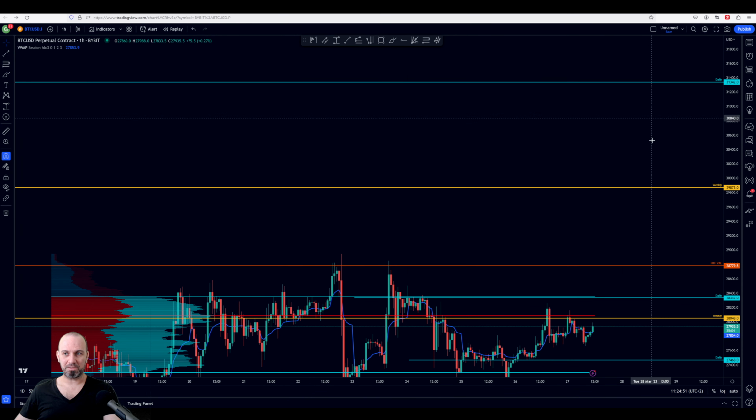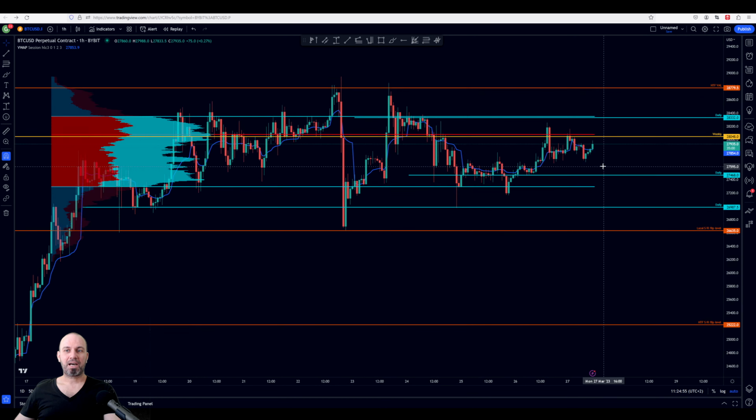But in between, we do have levels, right? So high time frame levels can be used to determine the strength or the weakness of a move, and they can be used for a possible day trade with the possibility of a swing trade. The local levels can be used for scalps, day trades, depending on the situation, can be used for swing trades. But we need to understand what are high time frame levels and local levels on the chart.